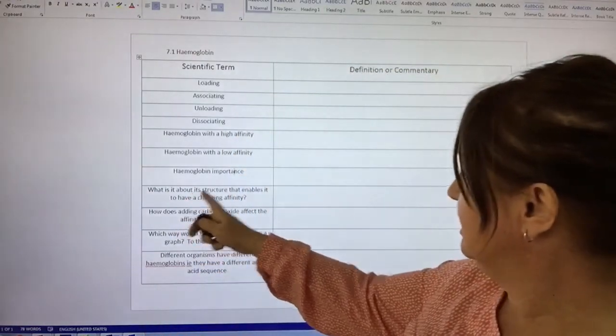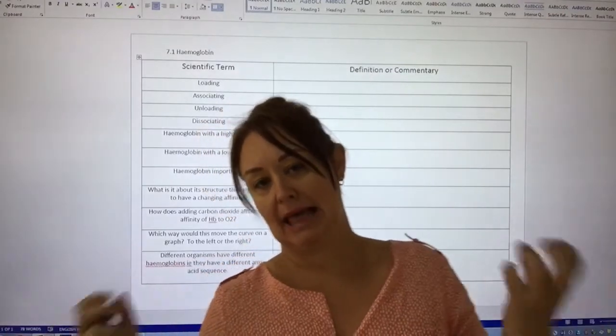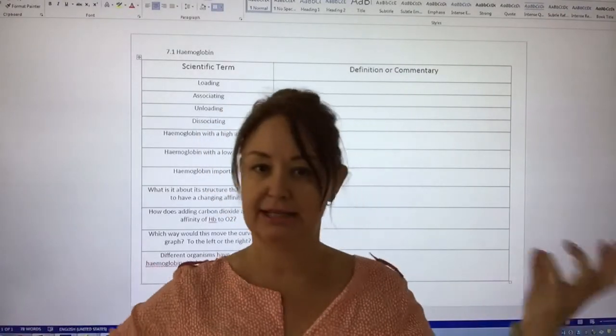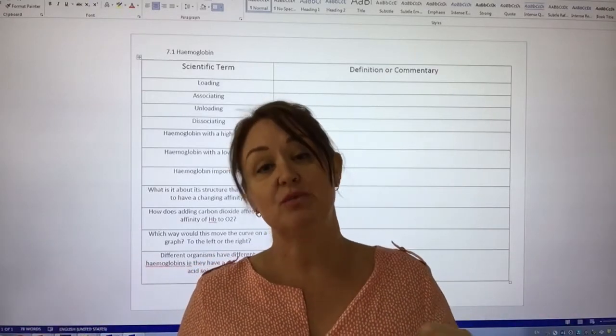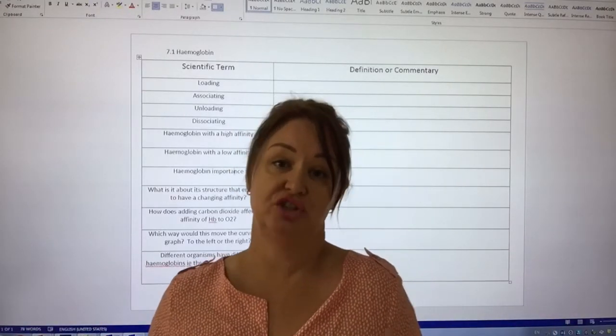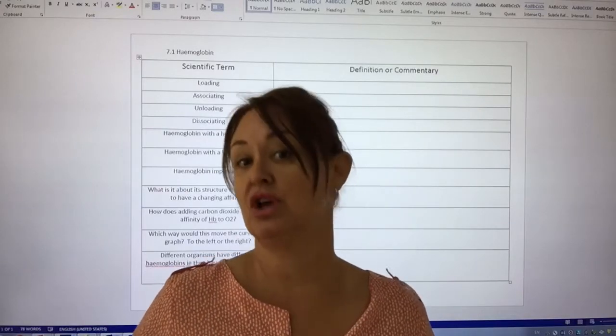If we look at the importance of hemoglobin, we always need to consider the importance of processes and substances, proteins, in the human body. The reason why is because in year 13 you have to do an essay, and the essays are always titled The Importance of.